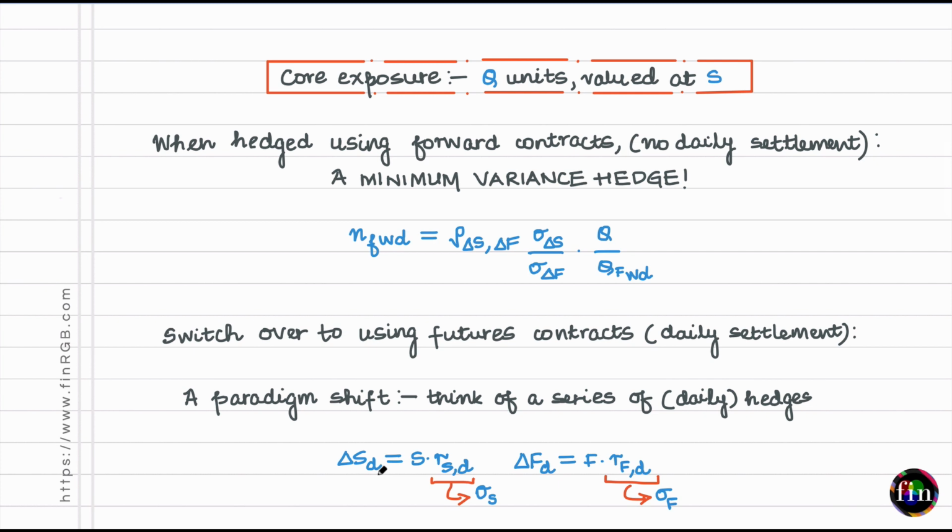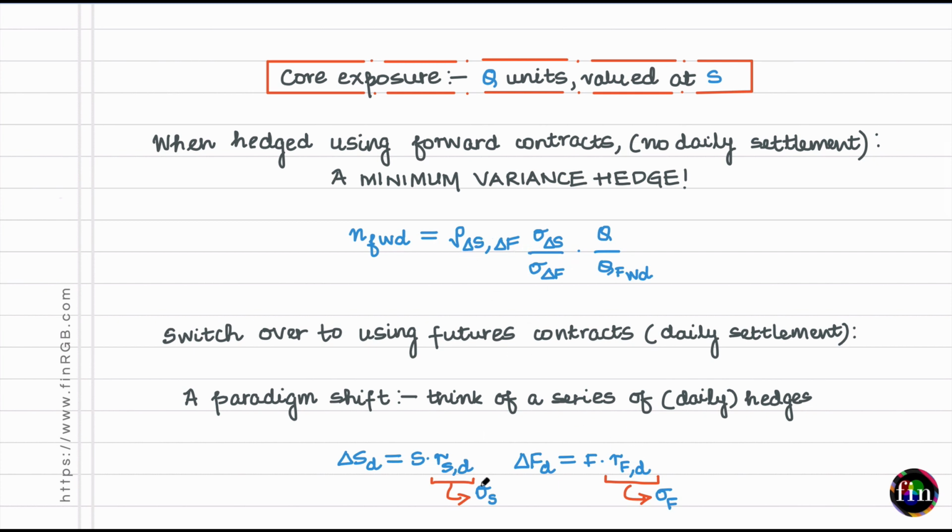So delta S daily will be S at the beginning of the day times the daily return for S. Delta F for a one day time span will be equal to F at the beginning of the day times the daily return expressed for F. If I do this, the new random variables I'll be working with are these daily returns, and therefore when I talk about correlations and standard deviations, these refer to returns now. They don't refer to delta S and delta F.